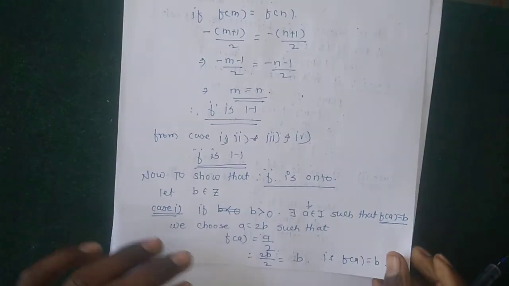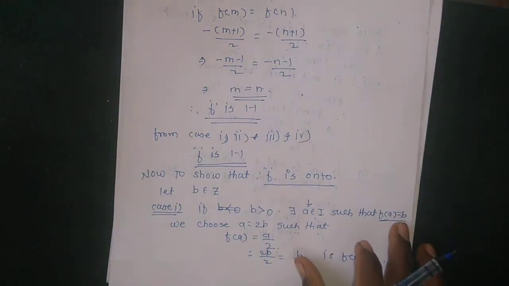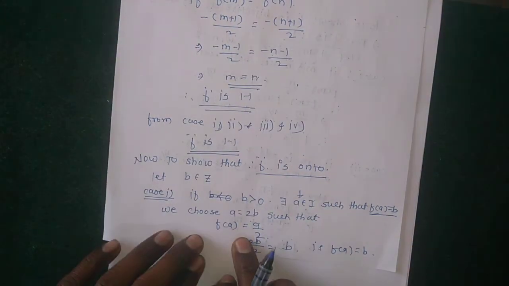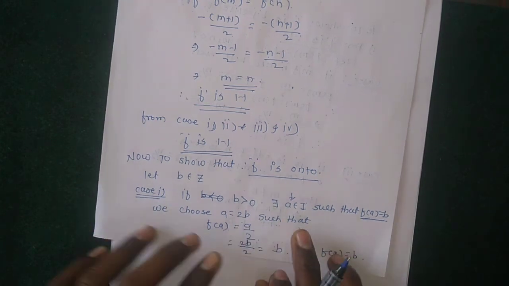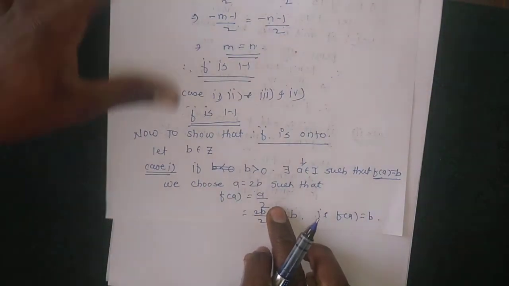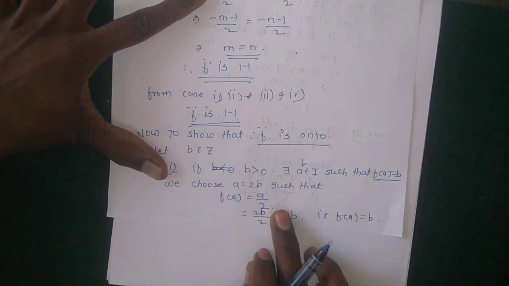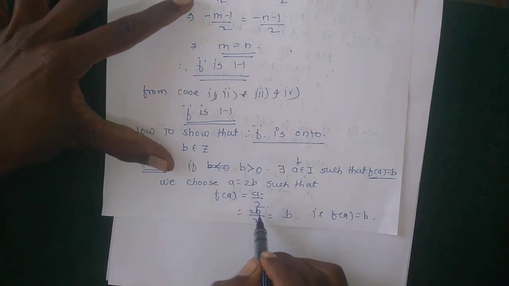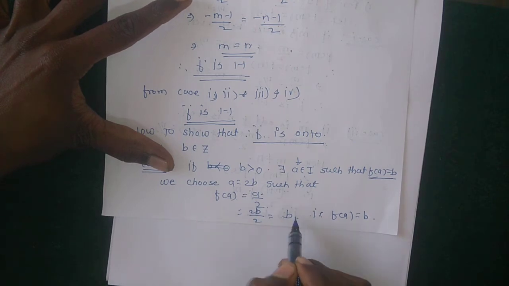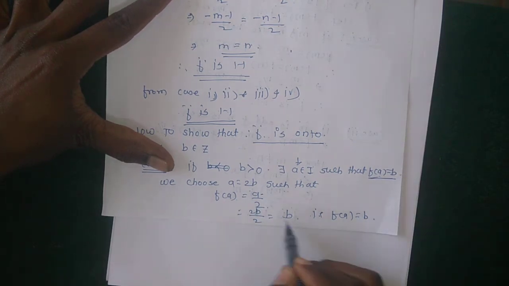Here we are choosing the element a equal to 2b. Suppose that a is equal to 2b, then its image is a by 2. Since a is 2b, and 2b divided by 2 is equal to b, f of a is equal to b.